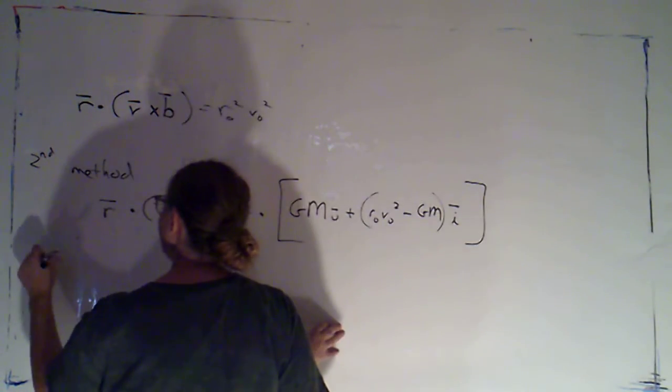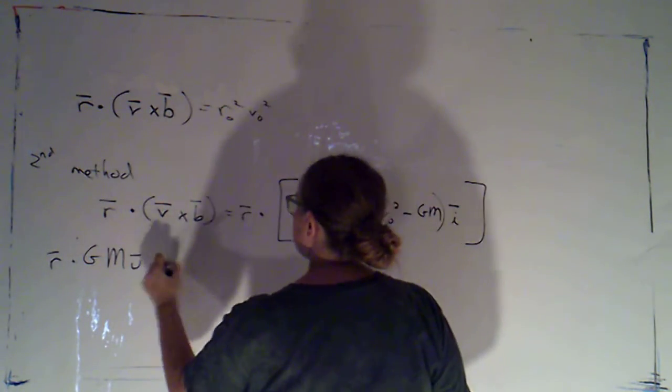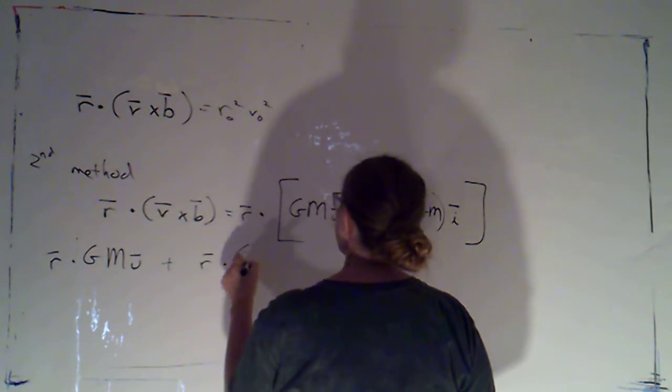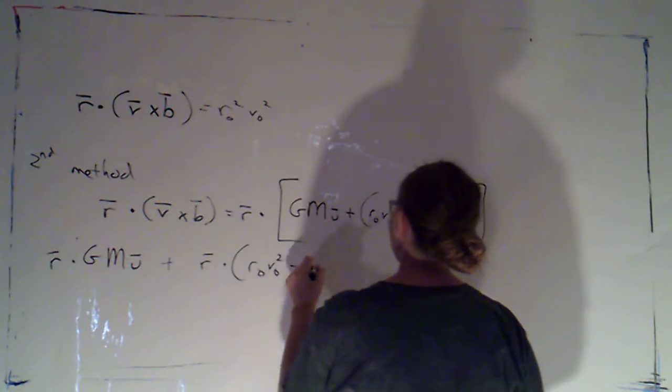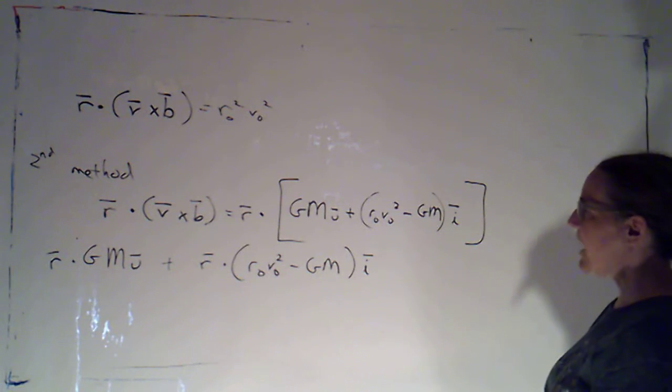So I'm going to have R dotted with GMU plus R dotted with (R naught V naught squared minus GM) copies of I.